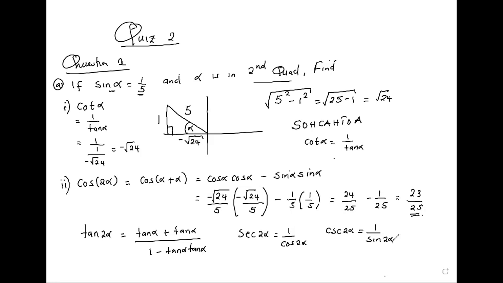Sir, hello. On part A, what if it was negative 1 over 5? How would you consider the negative, since there you said it's on the negative side of the y? You wouldn't say that for sine. If they say that, then it can't be sine. Maybe it has to be cos. Maybe they can say cos alpha is negative 1 over 5.